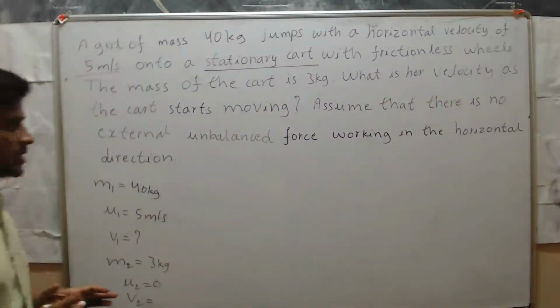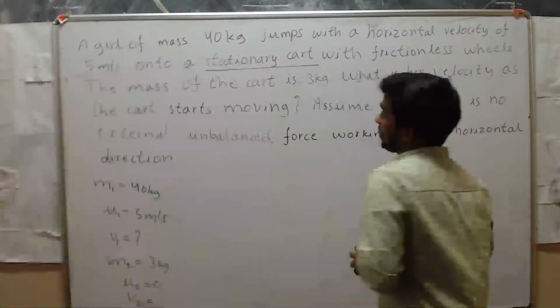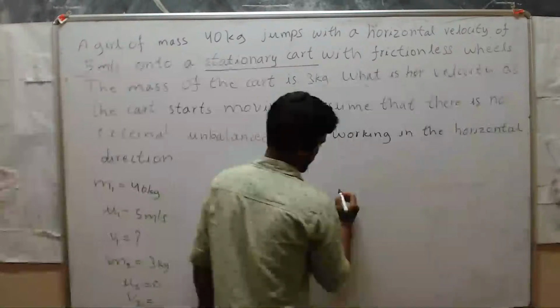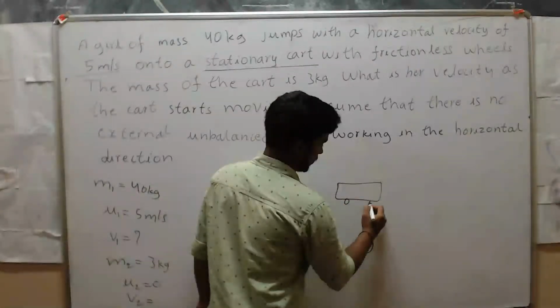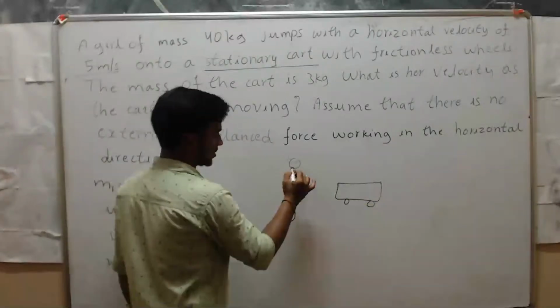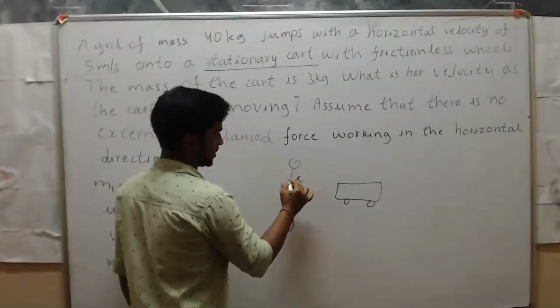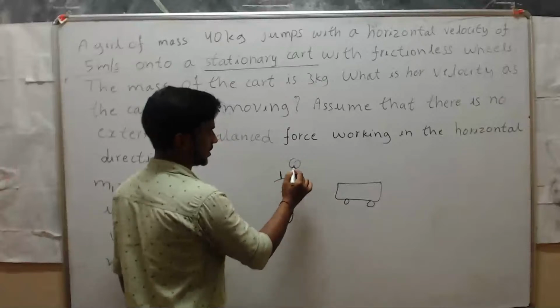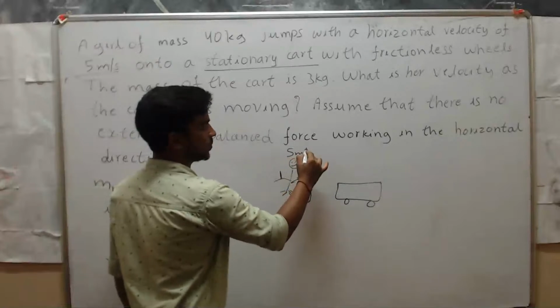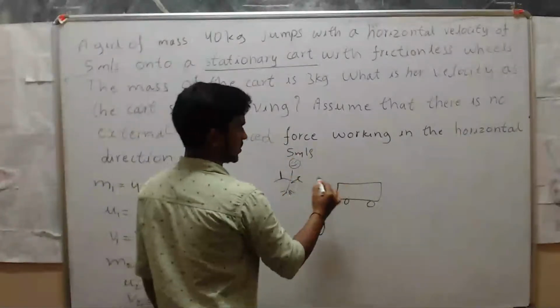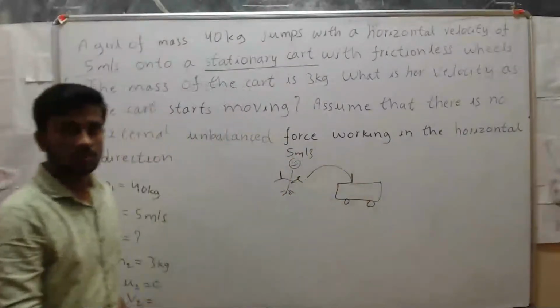See here, just think. This is a frictionless cart. See, she is running from here. Just imagine, she is a girl running with 5 meters per second. She jumps into the cart.